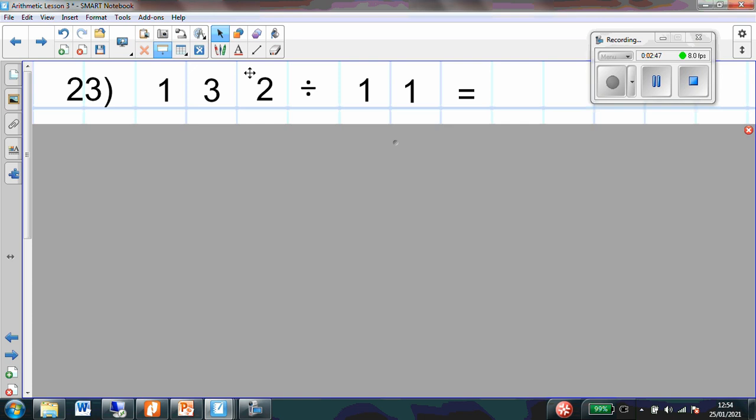Question 23 said 132 divided by 11. Now I think the easiest way for me to work this out is to just write out my 11 times tables. And I know that you've all noticed a pattern with our 11 times tables.